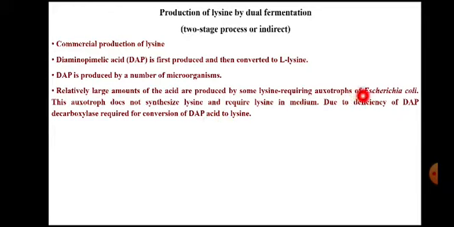So this E. coli does not have the DAP decarboxylase enzyme and therefore it is auxotrophic for lysine. Therefore, this auxotrophic E. coli will form only DAP and not lysine because this enzyme is missing, because this is an auxotroph.